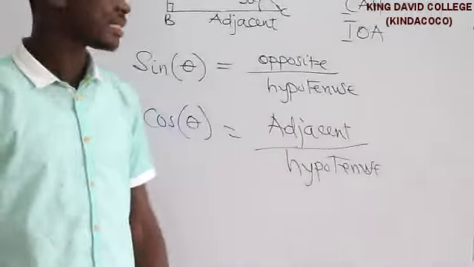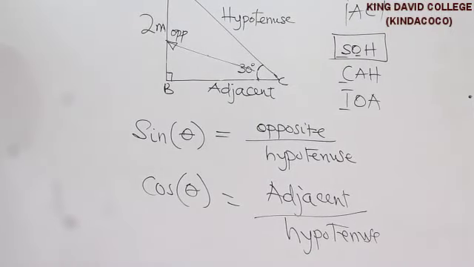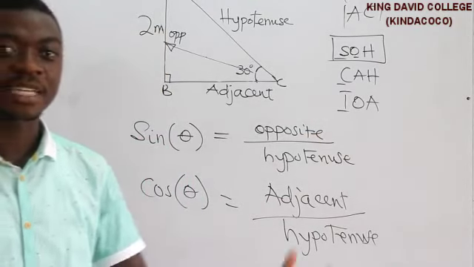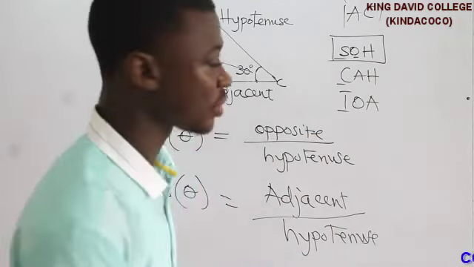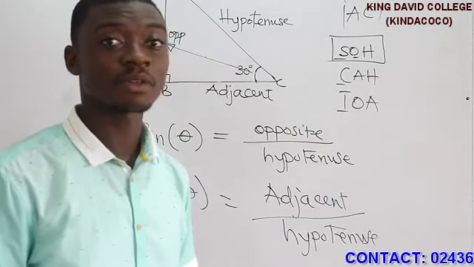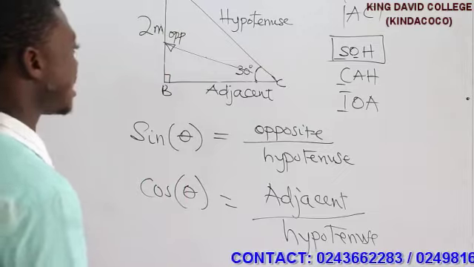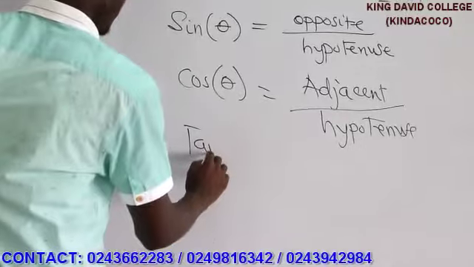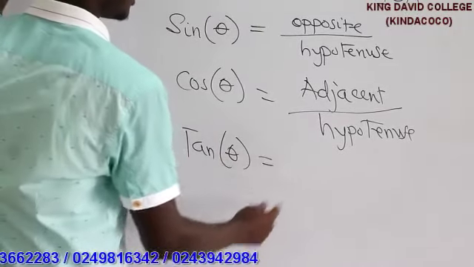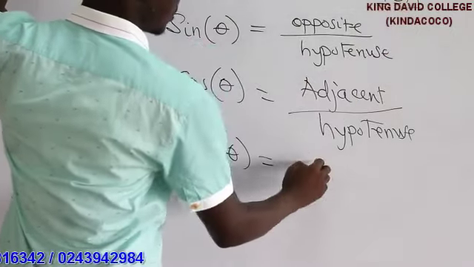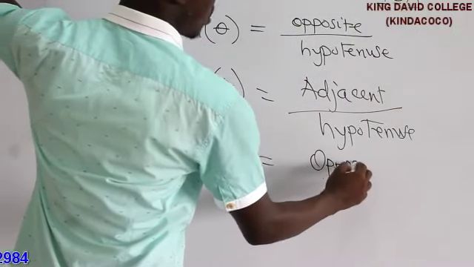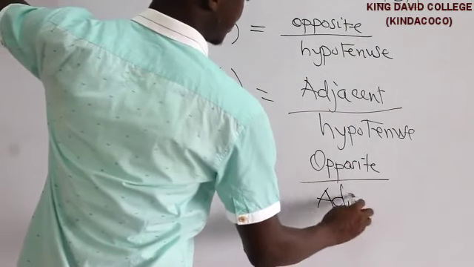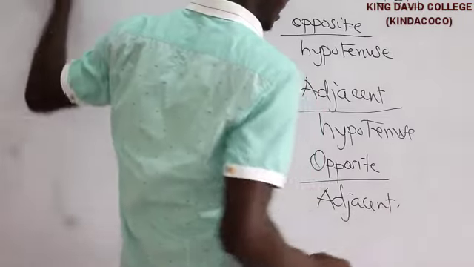Then somebody will also say, I don't want to use cos, I want to use tan. Fine. Tan is also accepted. Those are the three I introduced you to earlier. So tan of the angle is TOA, so O over A, the opposite over adjacent.